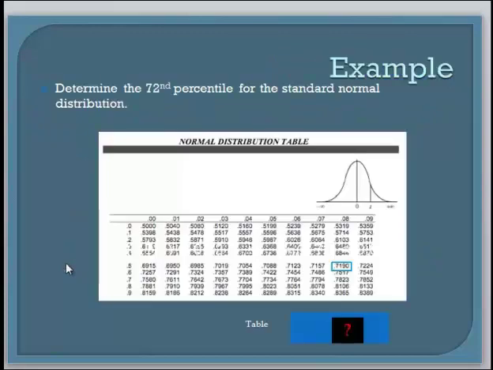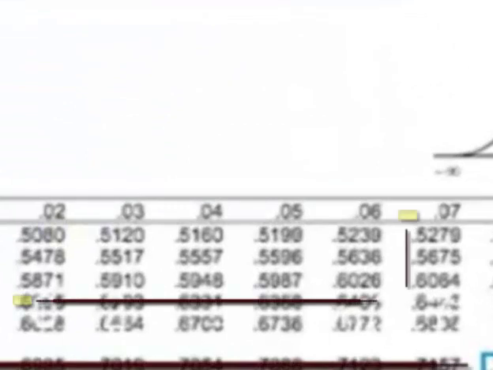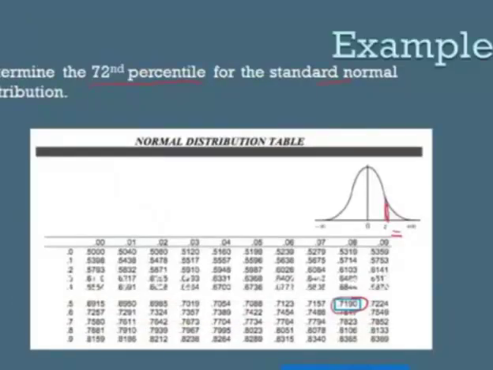Okay, so if we wanted to, for example, determine the 72nd percentile for the standard normal distribution, well, this is pretty close to the 72nd percentile, so it's going to be right around here. And if that's the case, it's going to be at a z value of, let's see, 0.58. Z is equal to 0.58.